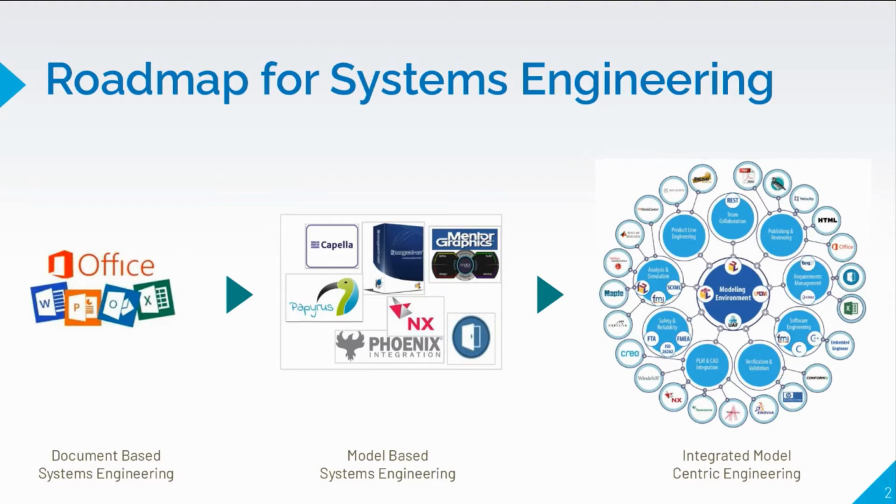But the vision we are cruising toward is what we call integrated model-centric engineering, where for a given organization, there is a methodology that is defined with models, or in what you will see today, ontologies, that reflects how they do the system engineering practice.